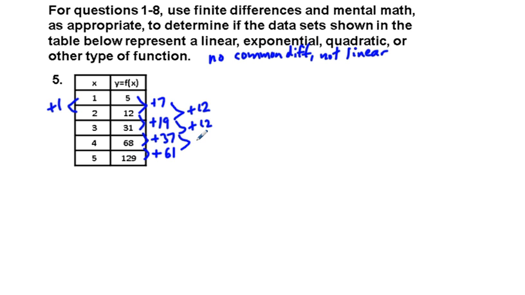Okay, 61 minus 37 is going to be +24. So second differences are not equal here, are they? So second differences not equal, not the same, therefore not quadratic.